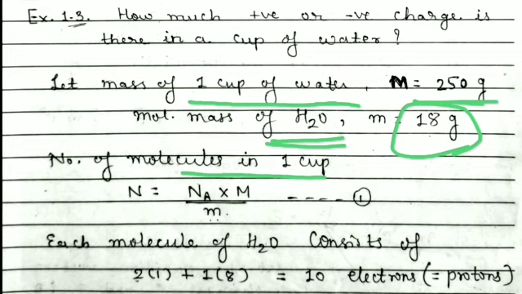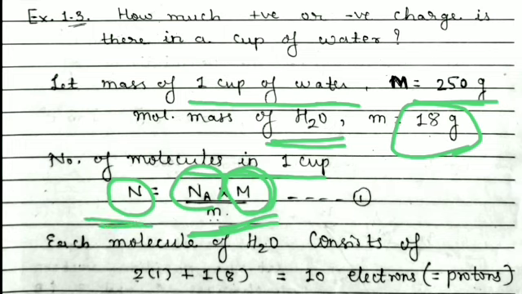So to find the total number of molecules of H2O, we know that we have to multiply the actual mass of water, that is 250 gram, with Avogadro's number Na, and then if we divide it by the molecular mass, then we can get the total number of H2O molecules in that one cup of water. This is also not new for you. This also you have studied in 11th standard, that how we can find the total number of molecules if the actual mass and the molecular mass are given.